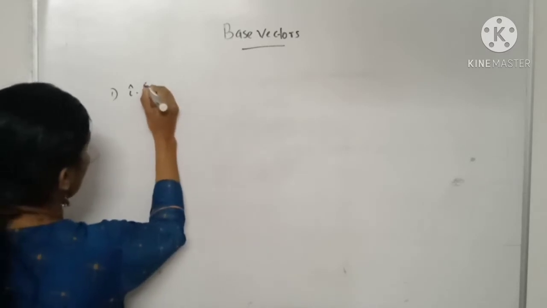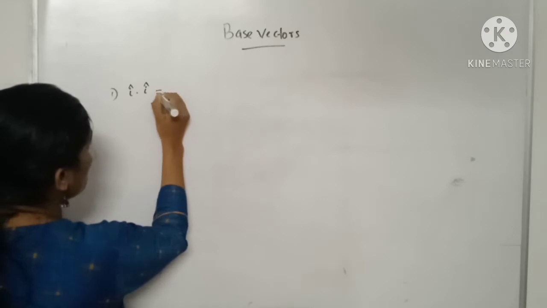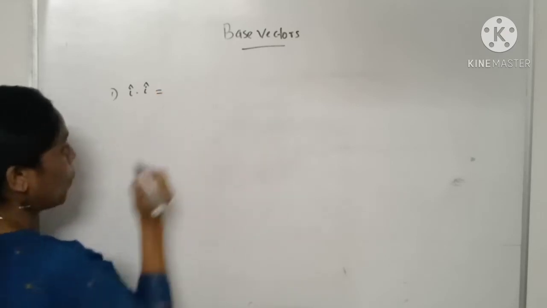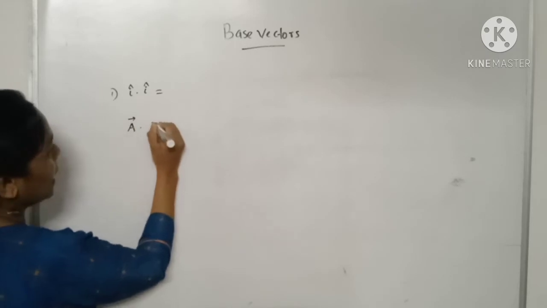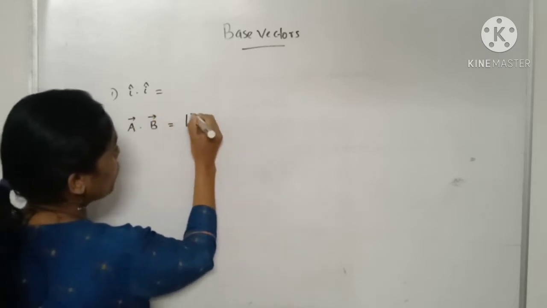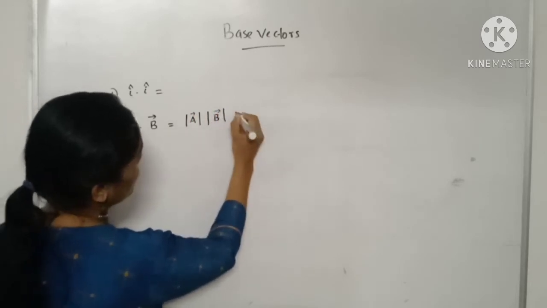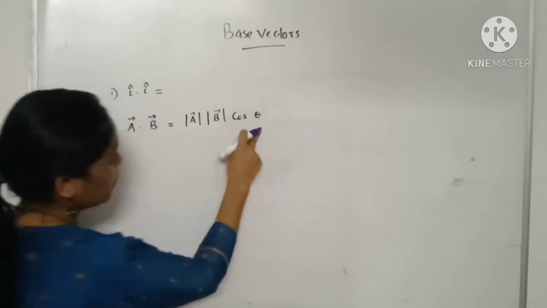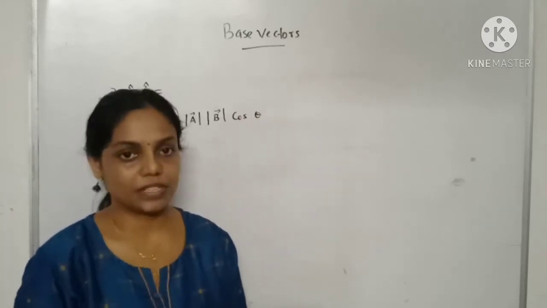First we can take i cap dot i cap. We know vector A dot vector B is equal to modulus of vector A into modulus of vector B into cos theta, where theta is the angle between vector A and vector B.